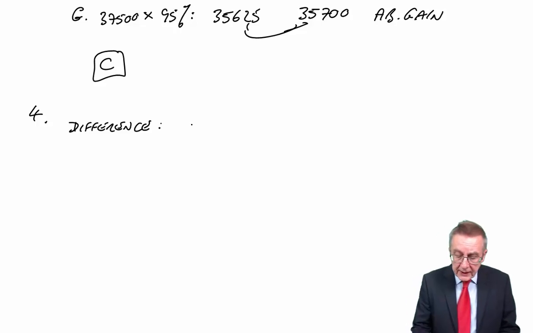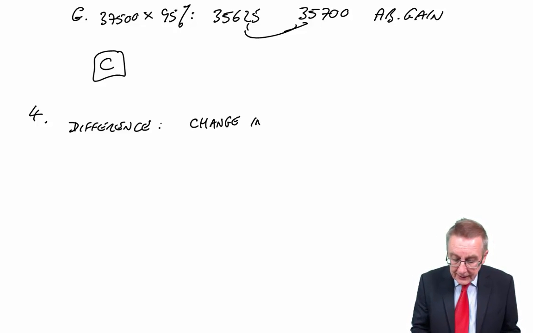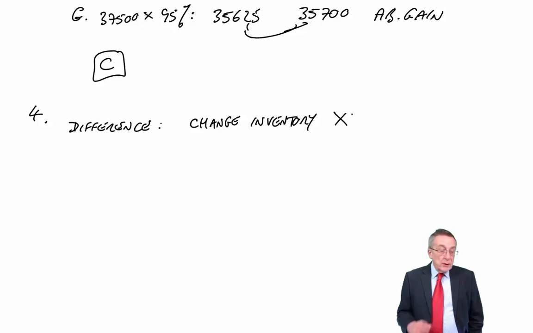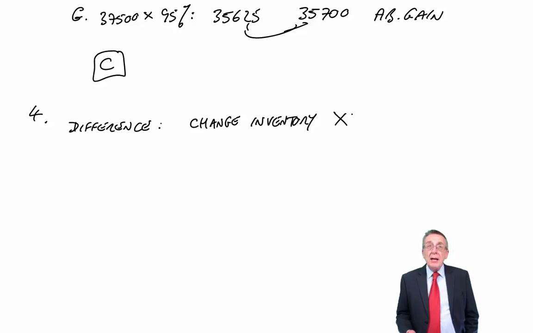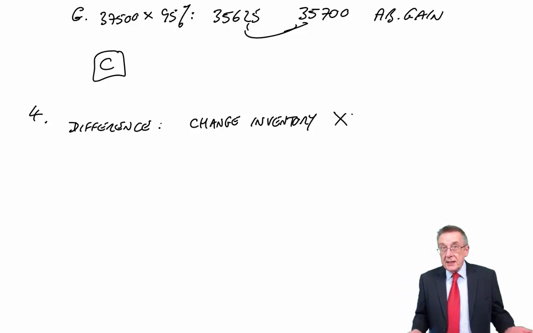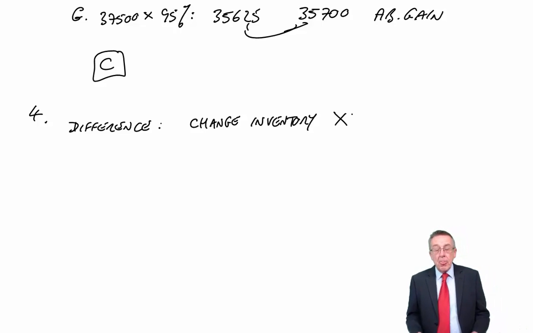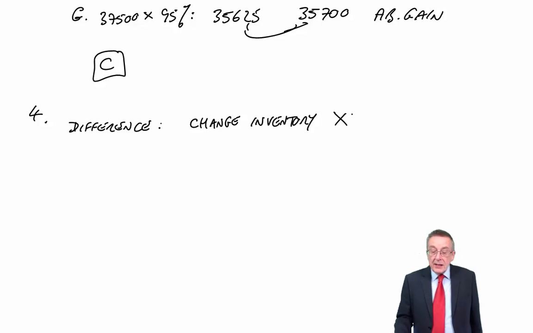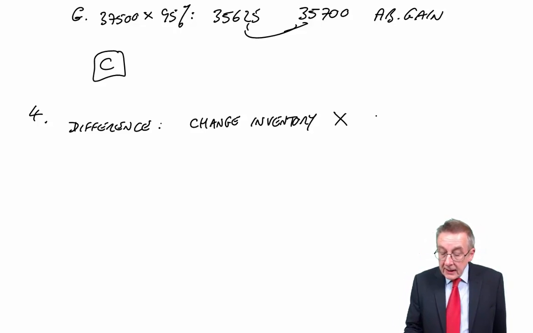It's always the change in inventory times, well, the reason we value inventory differently, marginal only takes variable costs of production, absorption includes fixed costs as well. So it's the change in inventory times the overhead absorption rate.